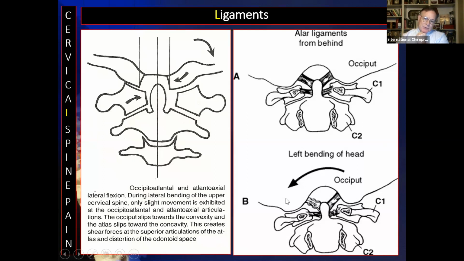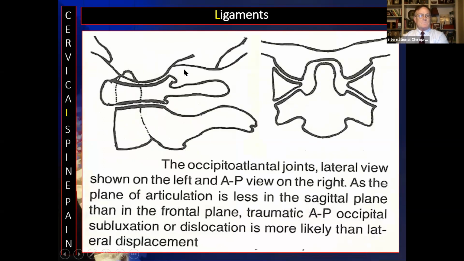So when your left ear is going down, you're tightening the ligament here and loosening the alar on this side. But because of what you're doing to C1, actually pushing C1 this way, you're tightening that ligament and loosening that ligament. This is the transverse band of the cruciform ligament. Here they are in normal relationship in a neutral position. That's left head bending, and this is right.